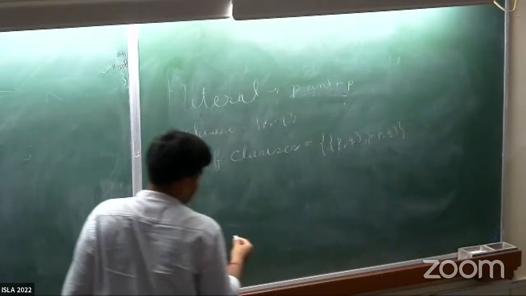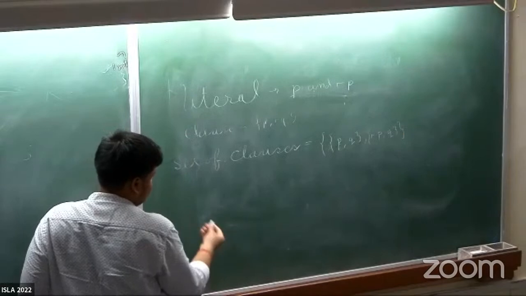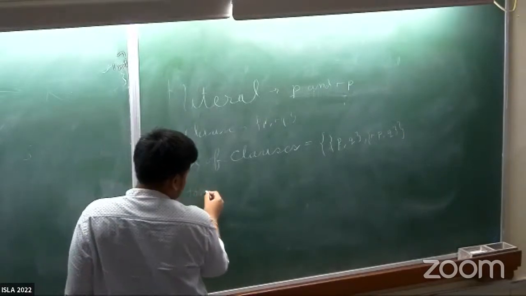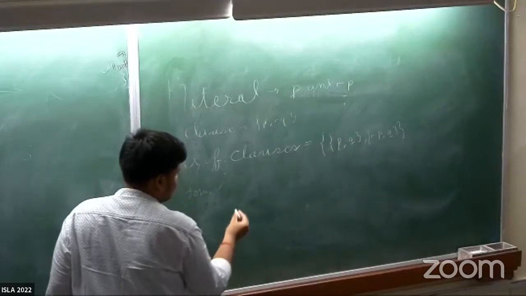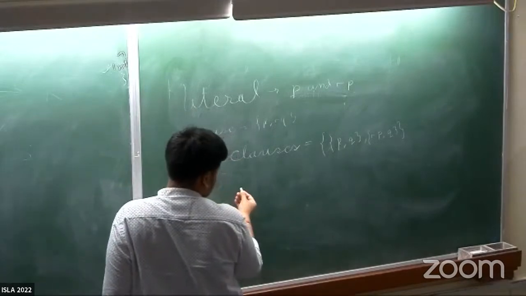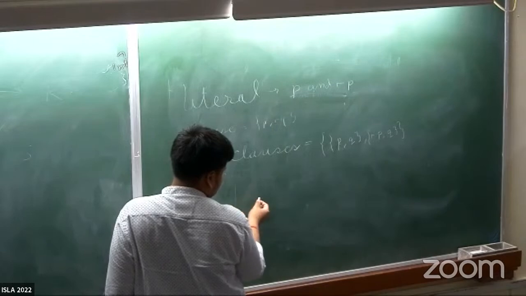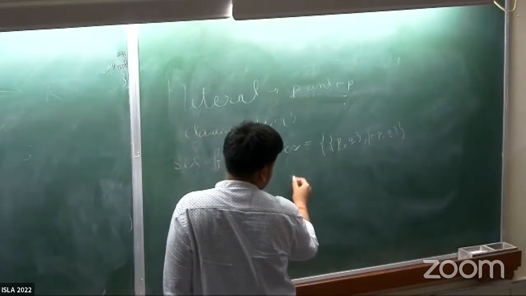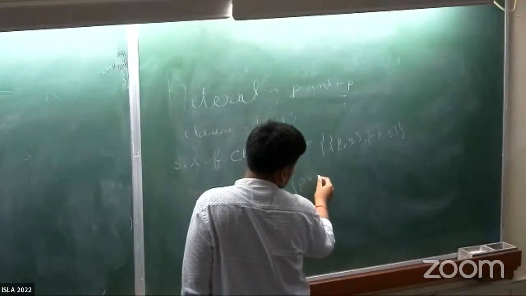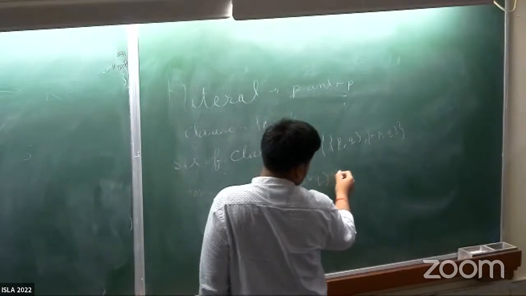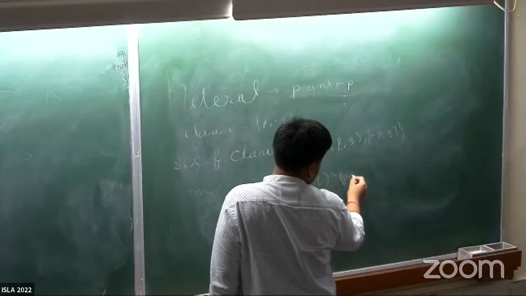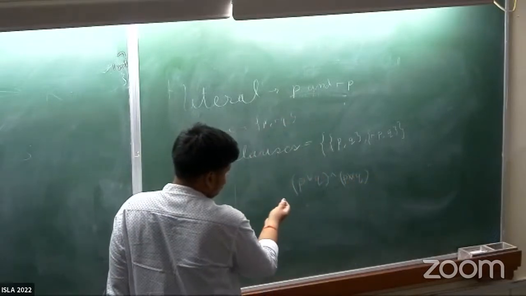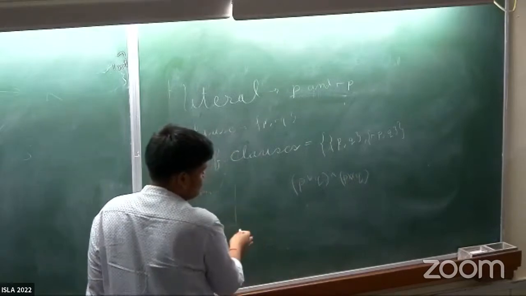So starting with, I'll state one lemma: any formula can be written as a set of clauses. Meaning, if there is any formula, we will first draw its truth table, then we'll try to write it in its CNF form. Any formula can be written in this way using the truth table of the formula.